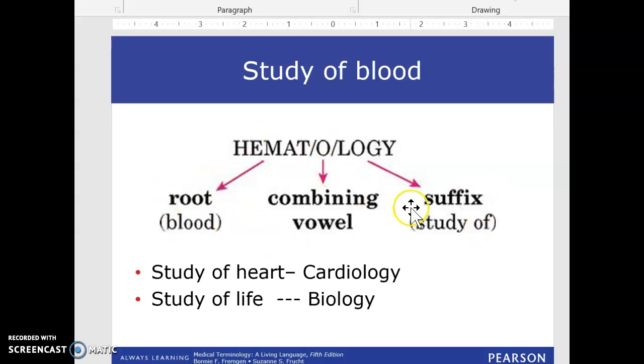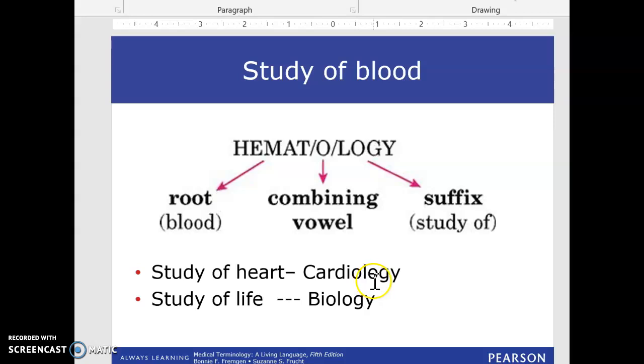So do you see how we are breaking things into so many words? All the words that you see on the top are the parts of the medical term. A root part, a combining vowel part, a suffix part. Their meanings are different. Blood and study of. Hematology means what? Yes, study of blood.